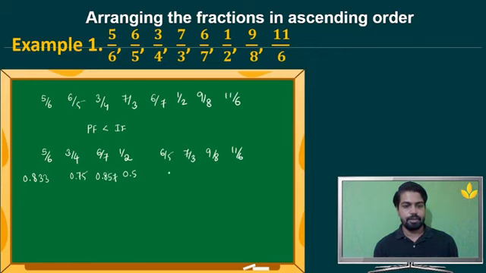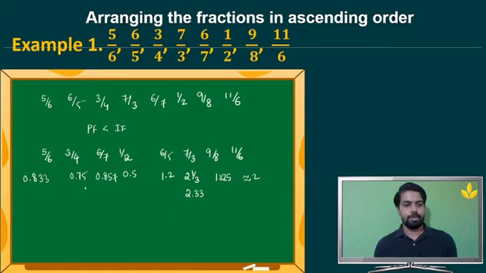Coming to 6 by 5, it is more than 1, exactly 1.2, and 7 by 3 is 2 1 by 3. Let's keep it as 2 1 by 3 only, or you can even write it as 2.333. And 9 by 8 is exactly 1.125, and 11 by 6 is almost 2 but not 2, so it's very near to 2. Let's keep it like this only. We don't have to do too much calculation.